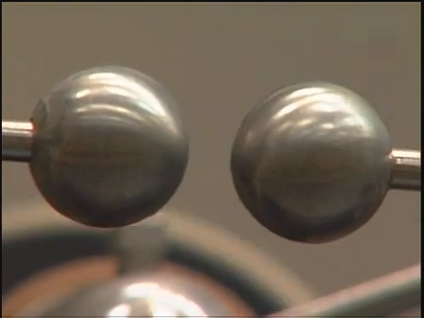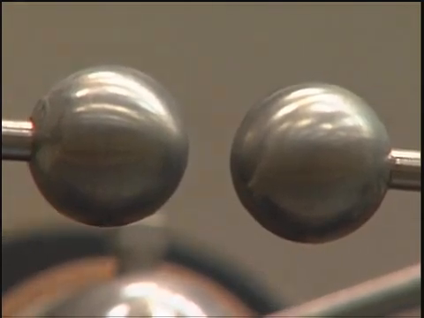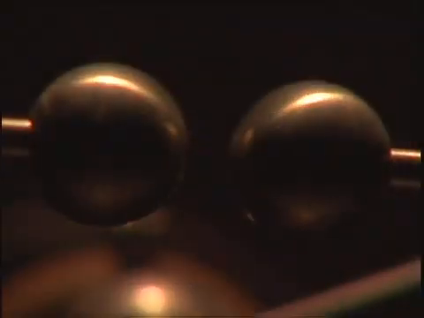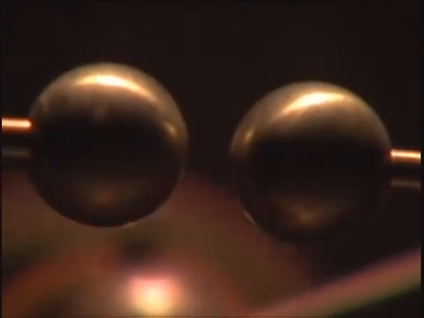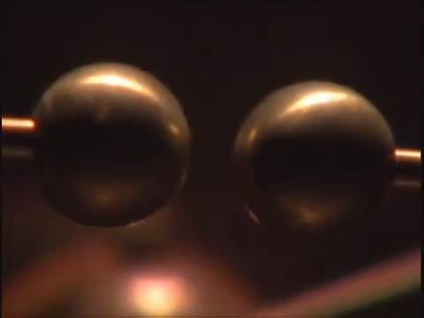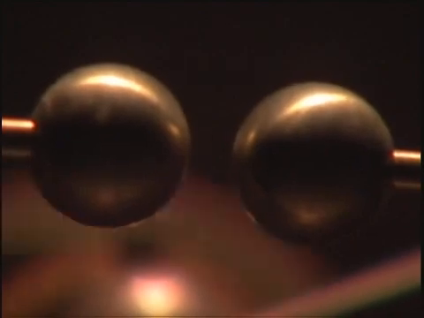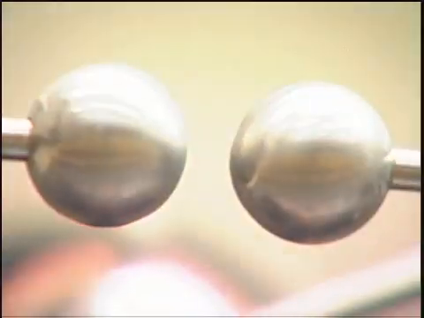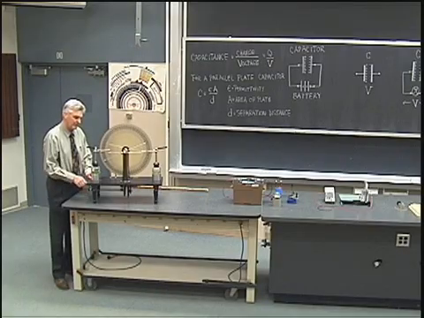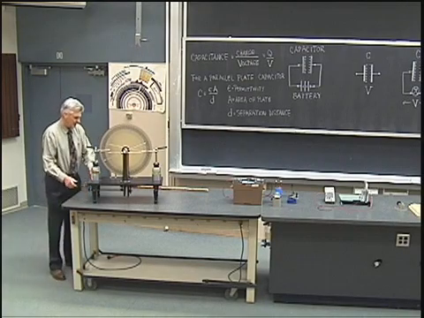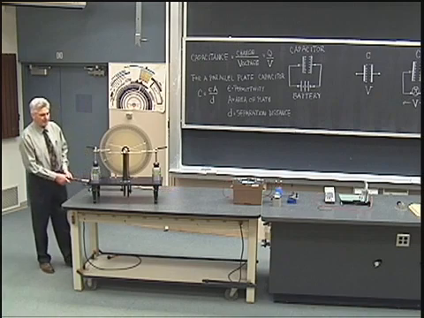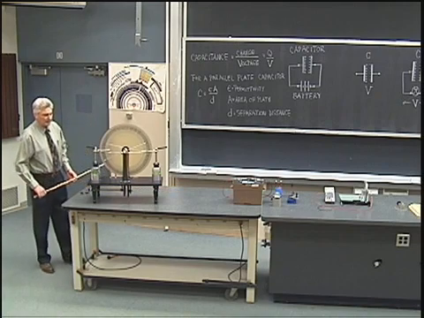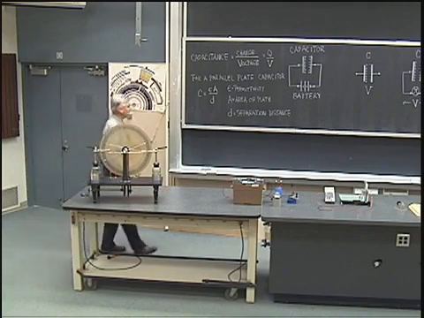And I'll turn the lights down and see how that shows up. So we notice that with more charge we have a more energetic spark, and the voltage is the same.